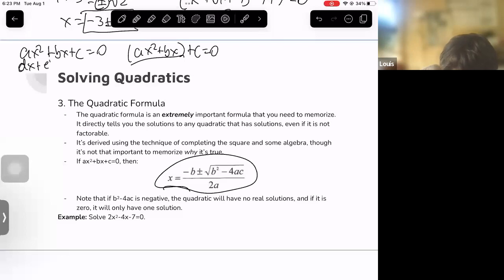dx plus e squared equals d squared x squared plus 2de x plus e squared. So right here, d would equal root a. And 2de would equal b.